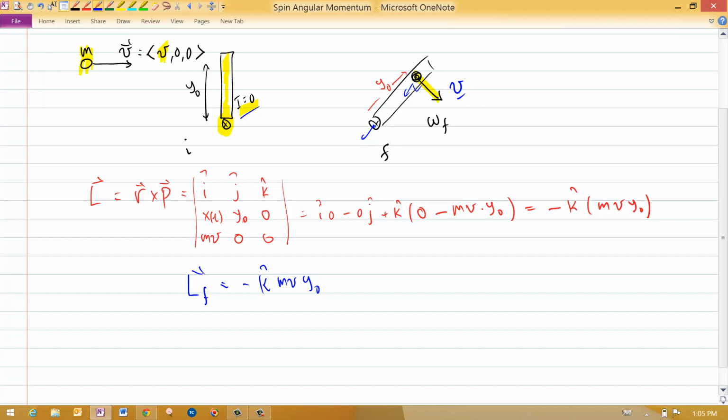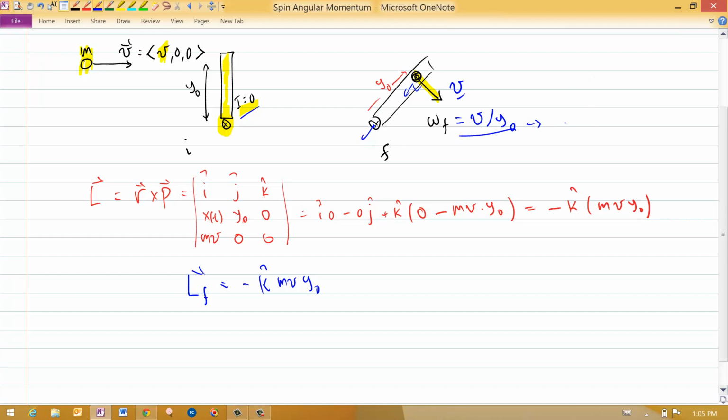So the speed, the magnitude of the velocity vector of the ball, is going to be the same as it was in the initial state. So I'm going to be able to calculate what the angular velocity is. It's just going to be v divided by y0. So that's what the angular velocity in the final state is.